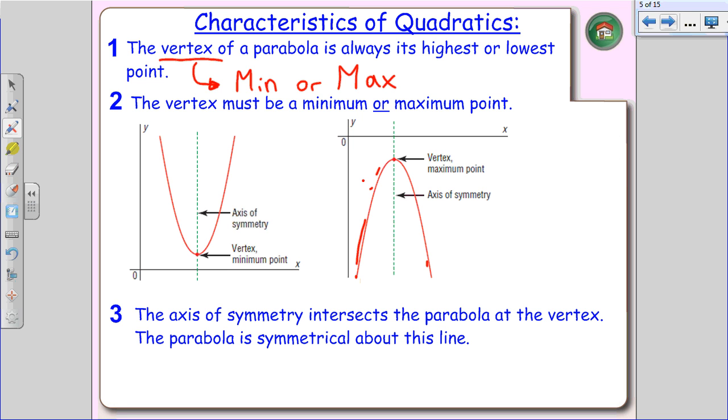The axis of symmetry. Underline that word. That's going to come up all the time in this unit. The axis of symmetry is the line in which the equation is just being mirrored around. So if we look at the second point there, they've drawn in the axis of symmetry. It's right here.